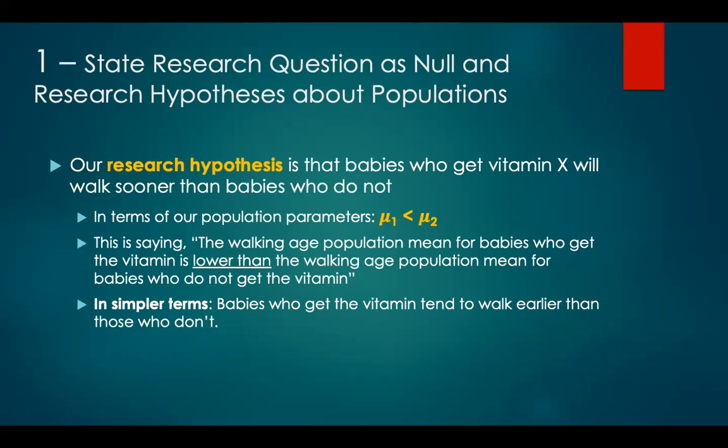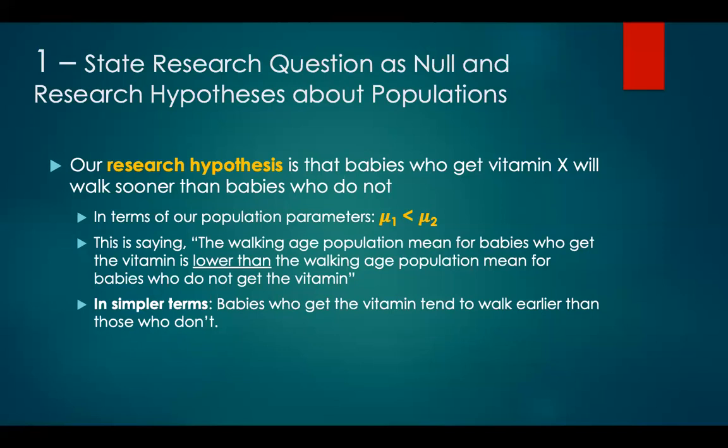Now, our research hypothesis is that babies who get vitamin X will walk sooner than babies who do not. So in terms of our population parameters, mu1, the mean of that vitamin babies distribution, should be less than mu2, the mean of the distribution in which babies did not receive the vitamin.